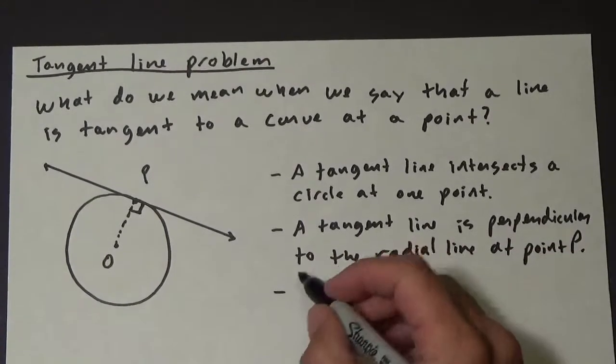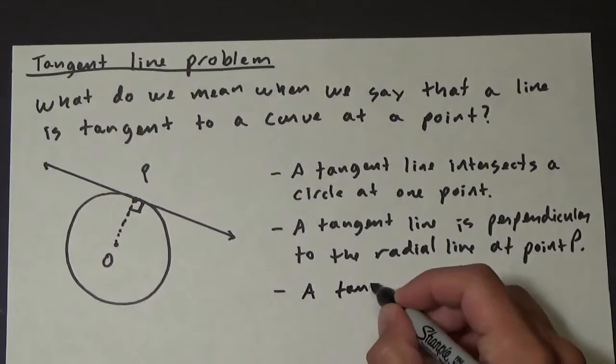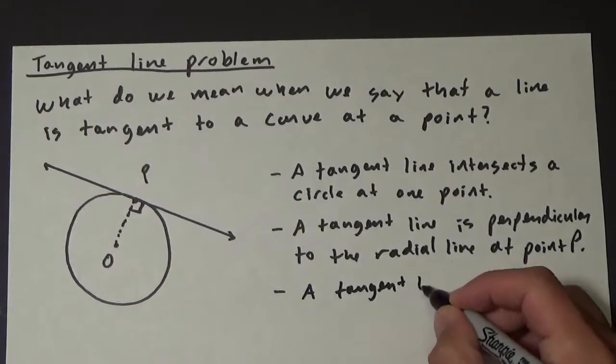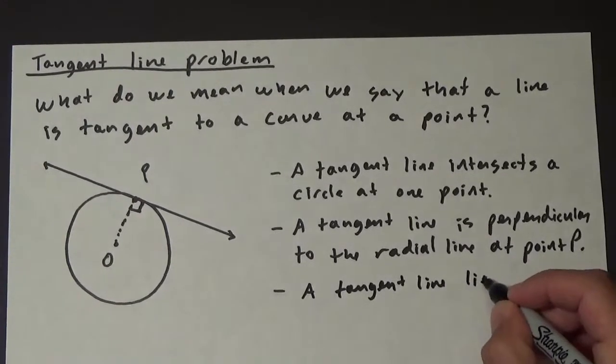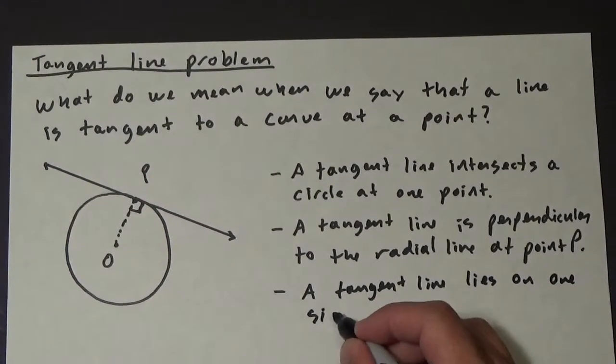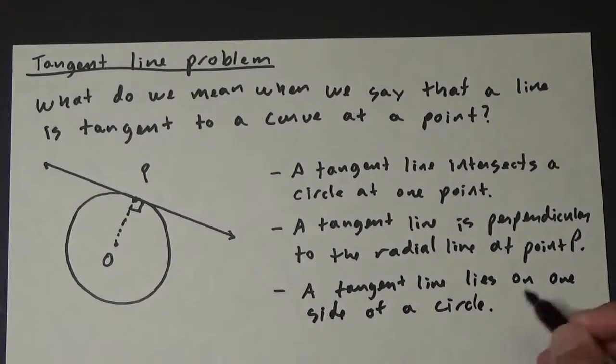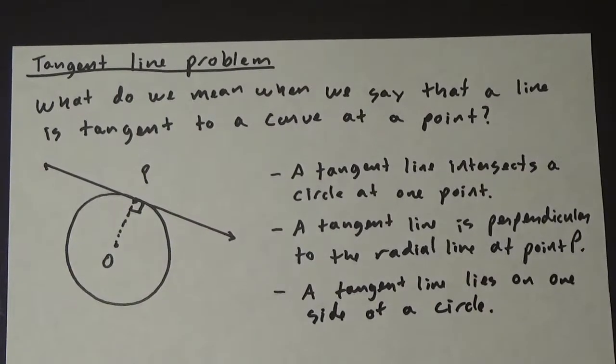So that's another thing we learned back in geometry. A tangent line lies on one side of a circle. Good.